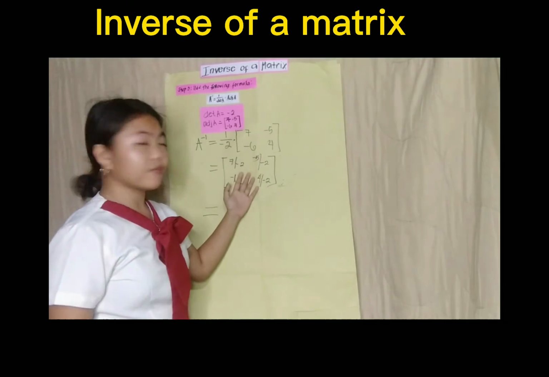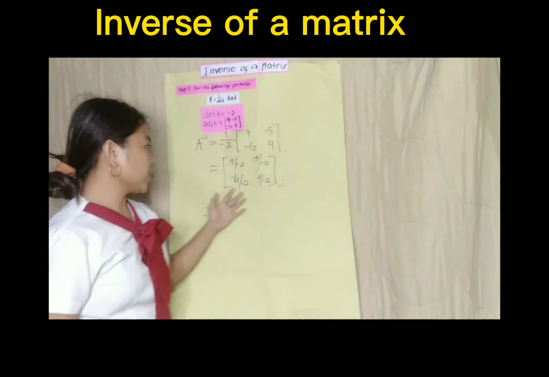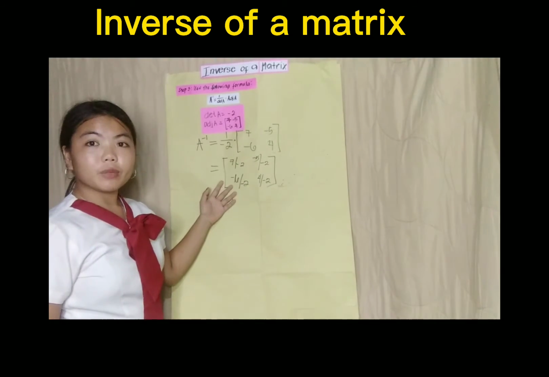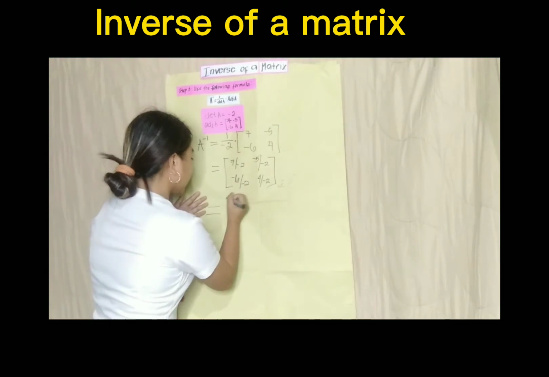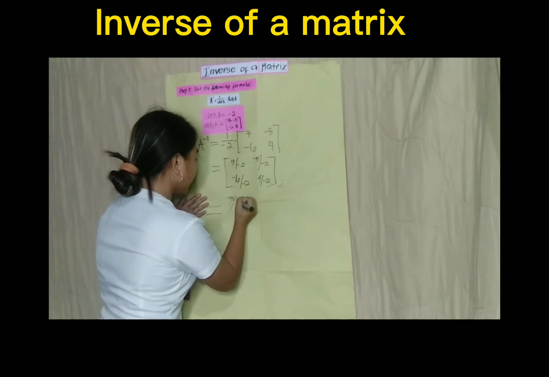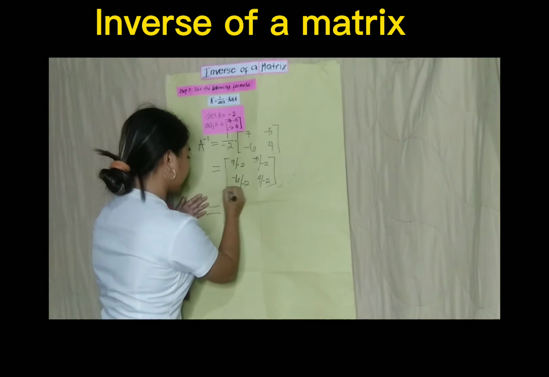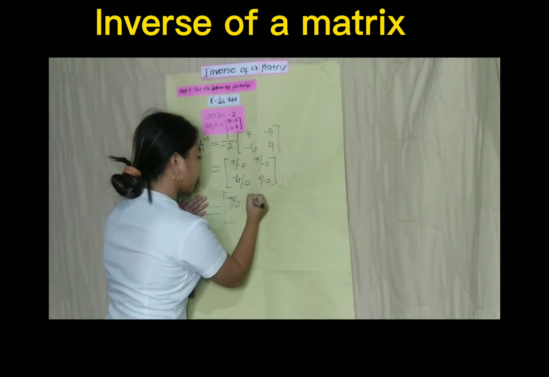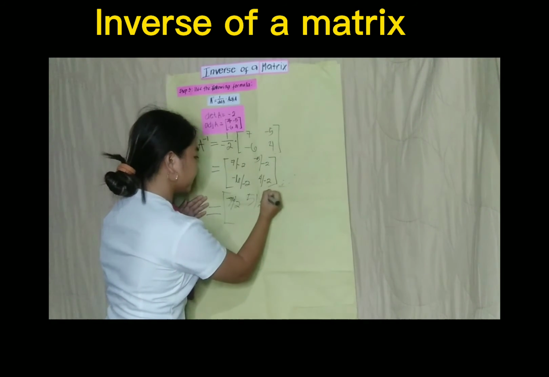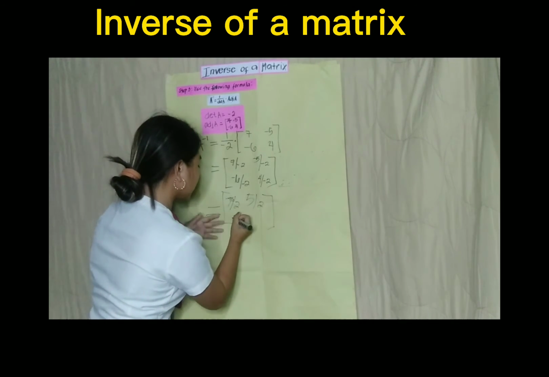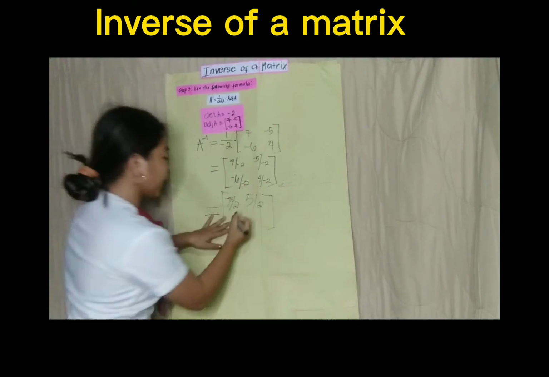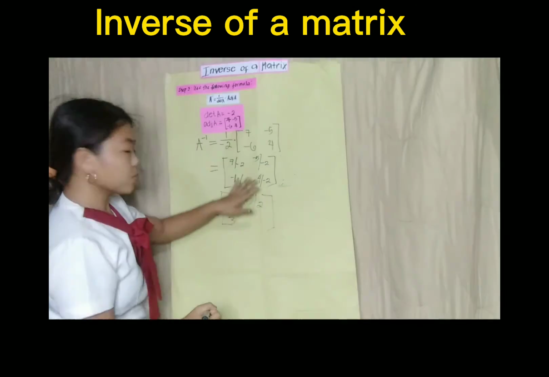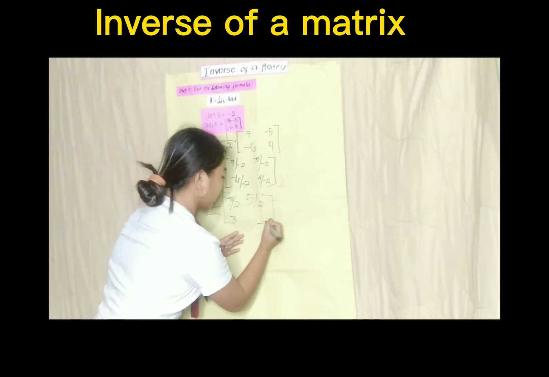We need to simplify this to reduce the fractions. So it will be negative 7 over 2, and this is going to be 5 over 2, and next this will become 3, and this will become negative 2.